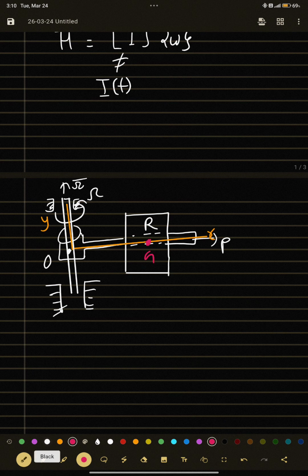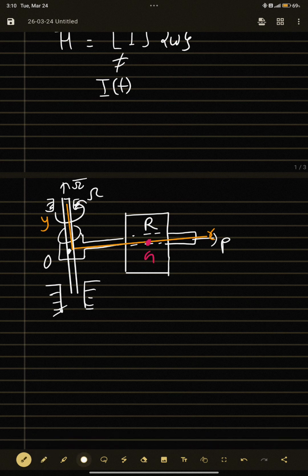Now here, if you note carefully, let us install a body fixed frame of reference. We say that X and Y are attached to the rotor. Attaching to the rotor does not mean that necessarily it should be on a physical point on the rotor. What I mean is that this reference frame will have the same angular velocity as the rotor has.